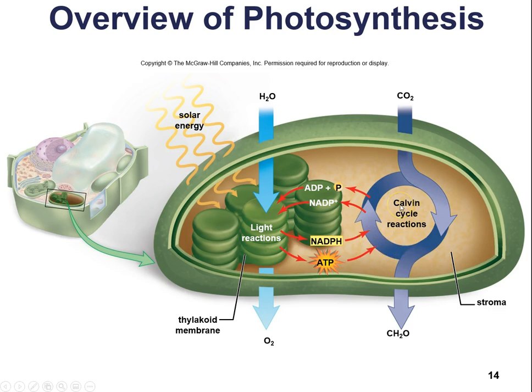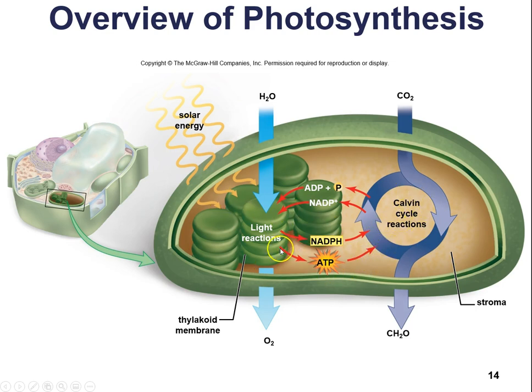Remember, carbohydrates are being made here. The carbon dioxide coming in is going to get fixed into a carbohydrate molecule. When you think about synthesis of any type of molecule, those reactions usually require energy. We're synthesizing carbohydrates here, so it's going to require energy. Where does that energy come from?